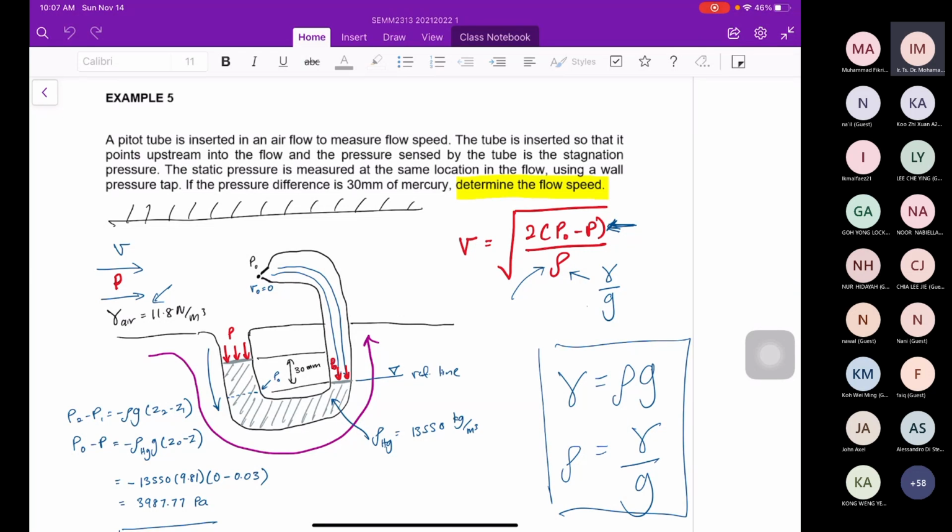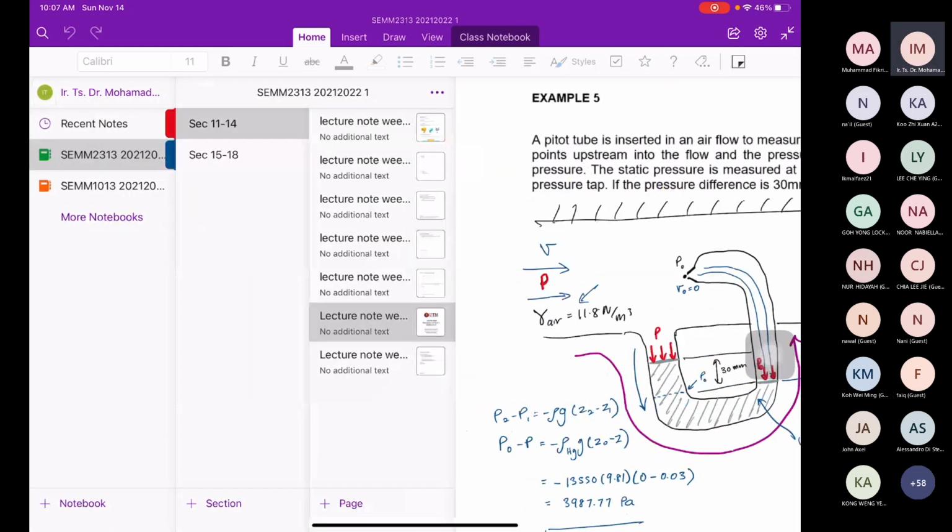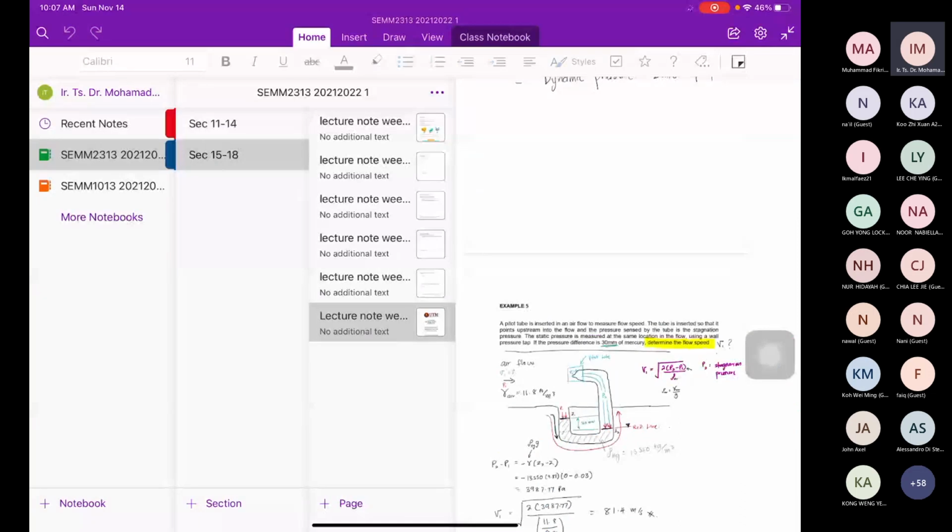When the absolute is specifically mentioned, you can see the keyword absolute, you must use the absolute P atm, which is 101.325 kilopascal. I believe you should know this after going through my lecture note.